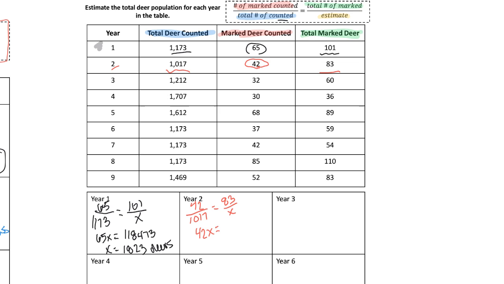So we get 42x equals 1,017 times 83, which should be 84,411. And then when you solve for x, you should get 2,010 deer.